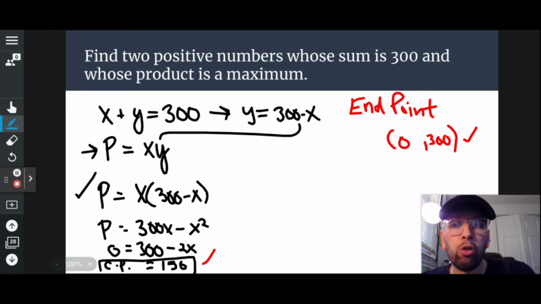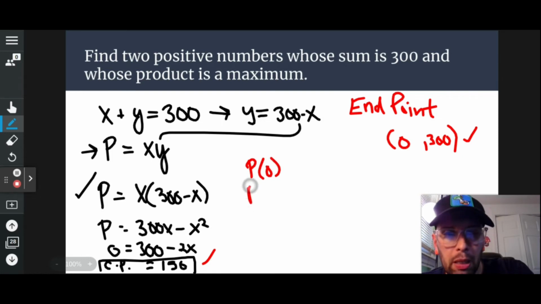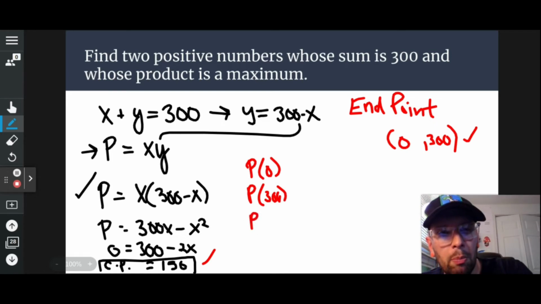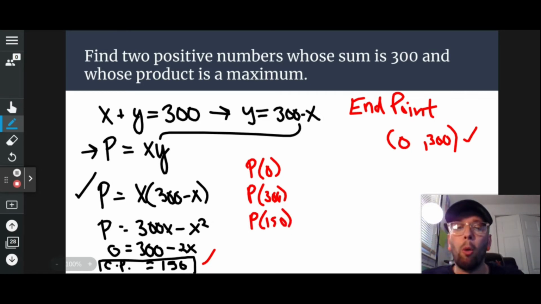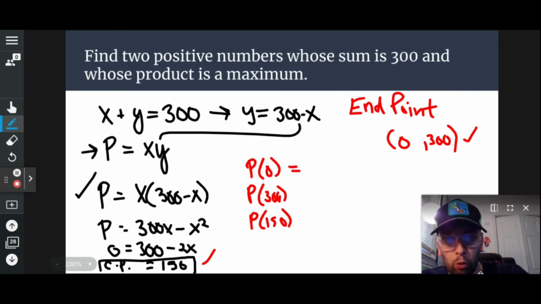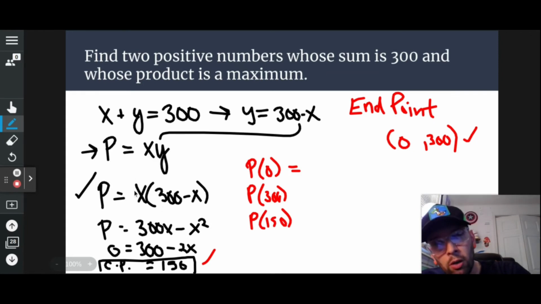So if I tried P of 0, P of 300, those are my endpoints, and P of 150, that is my critical point. If I plug 0 into this equation, I would get 0 times who cares, which equals 0.